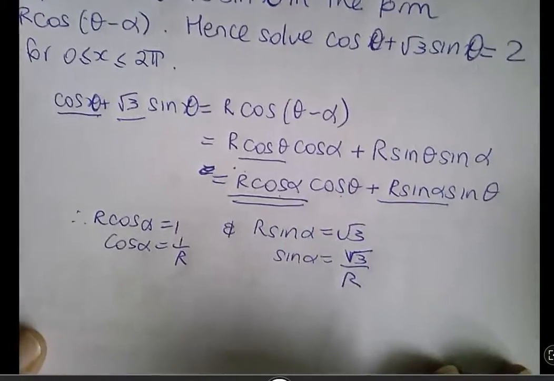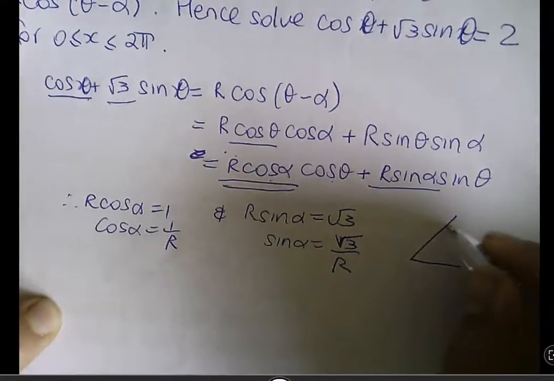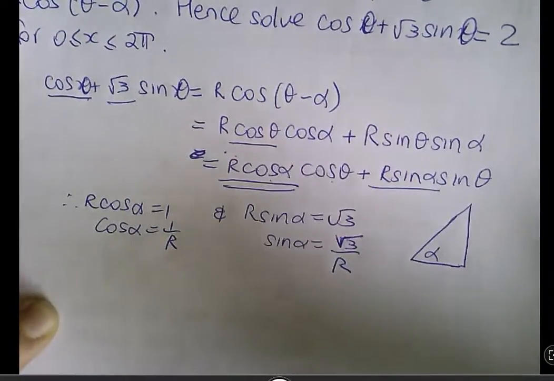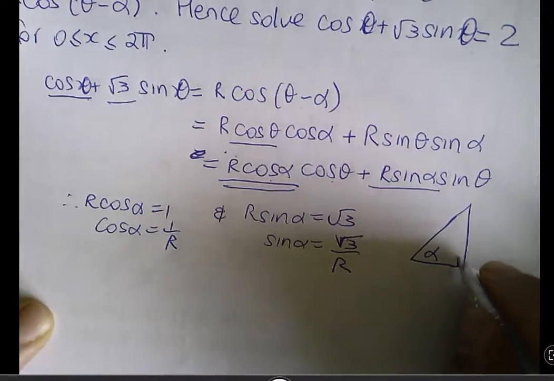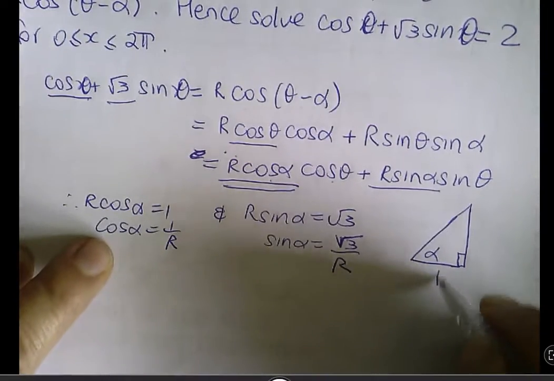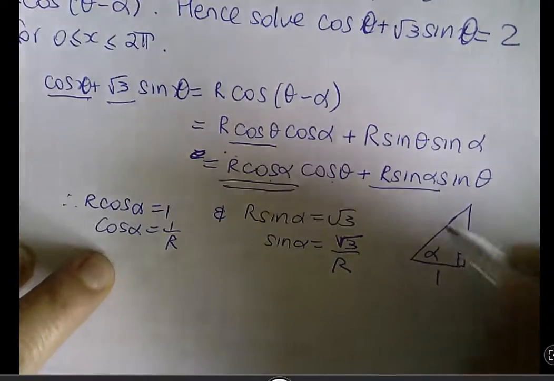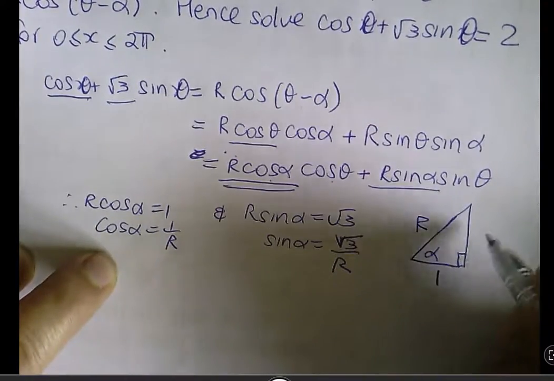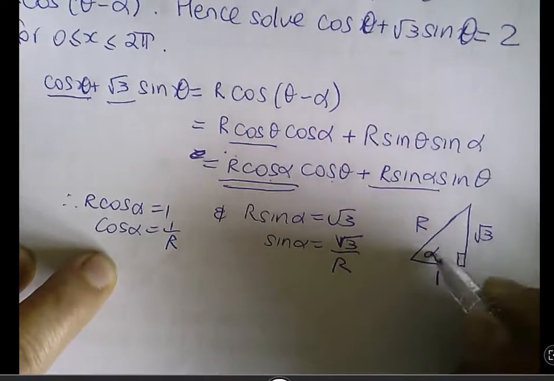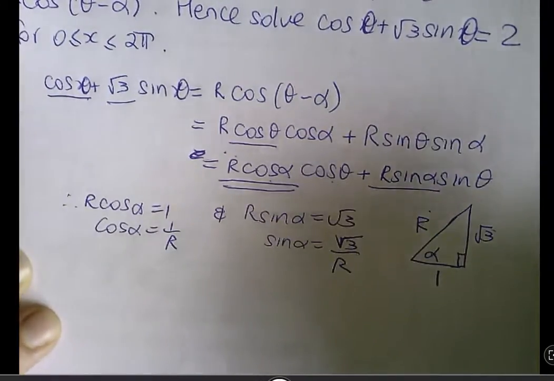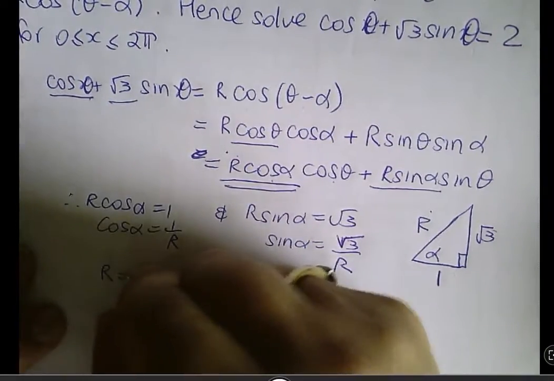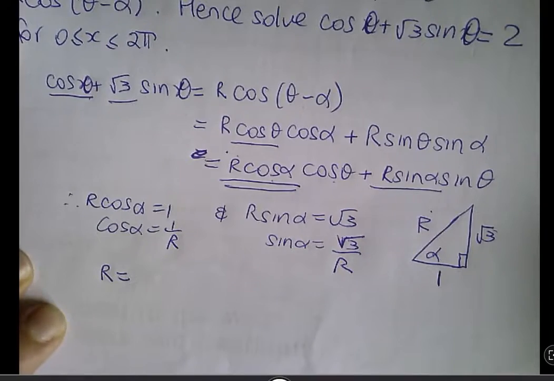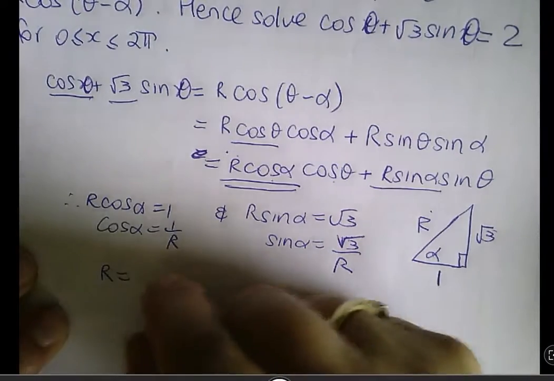What do you do next? Do you remember? Right angle triangle, alpha. Label the sides. Cos is adjacent over hypotenuse. Sine of alpha, and you work in the one triangle, is root 3 on r. So now we can work out what r is. r is the hypotenuse, which is Pythagoras' theorem.